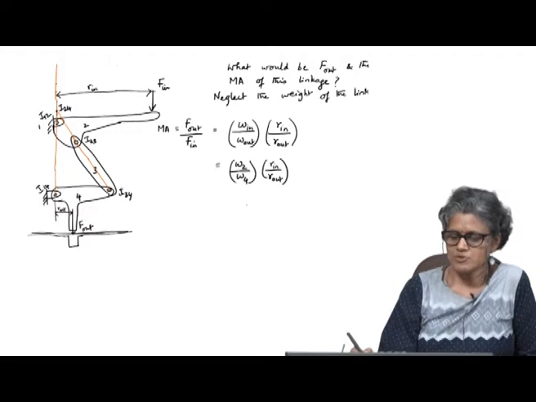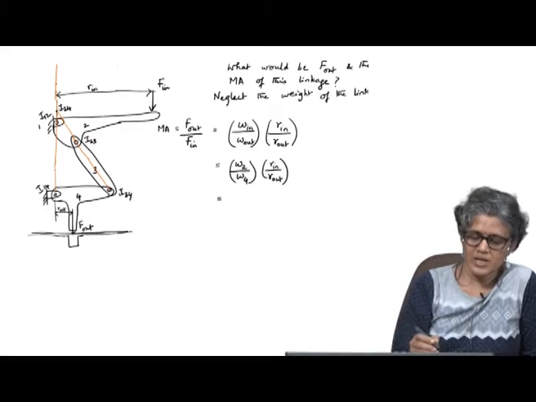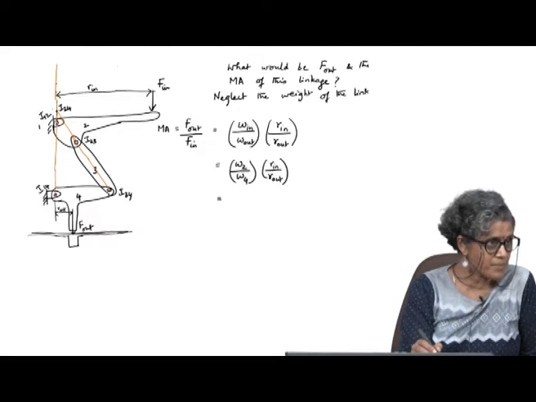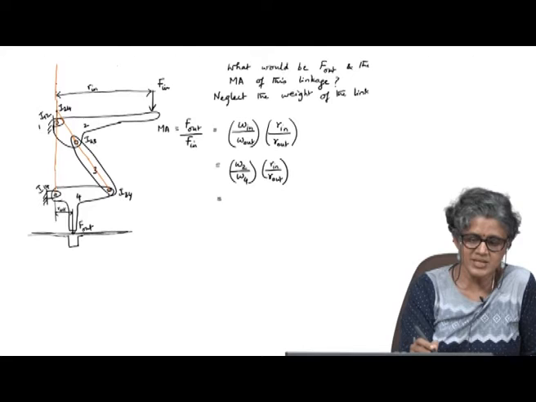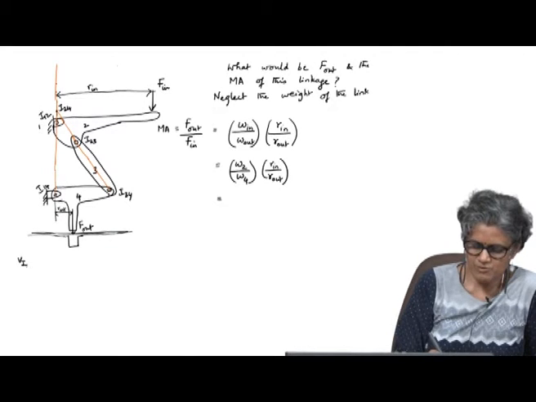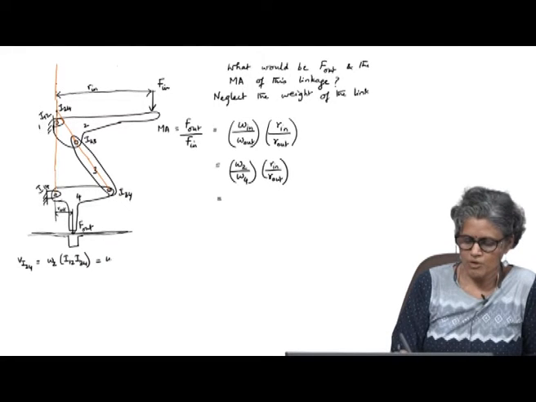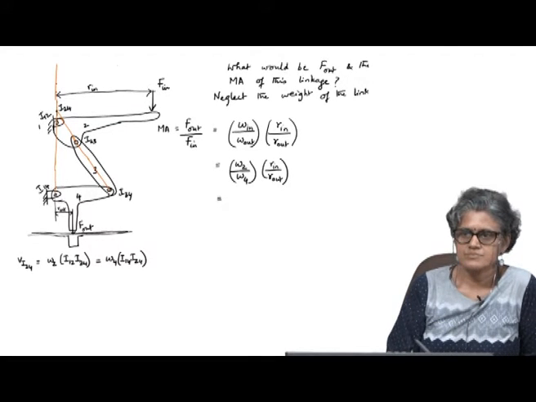So, what is omega 2 by omega 4? Right. Here I know that the velocity of I 24 is the same whether I consider it as a point on body 2 or body 4. So, I have velocity of I 24 equals omega 2 into I 12 I 24, which is equal to omega 4 into I 14 I 24, right.